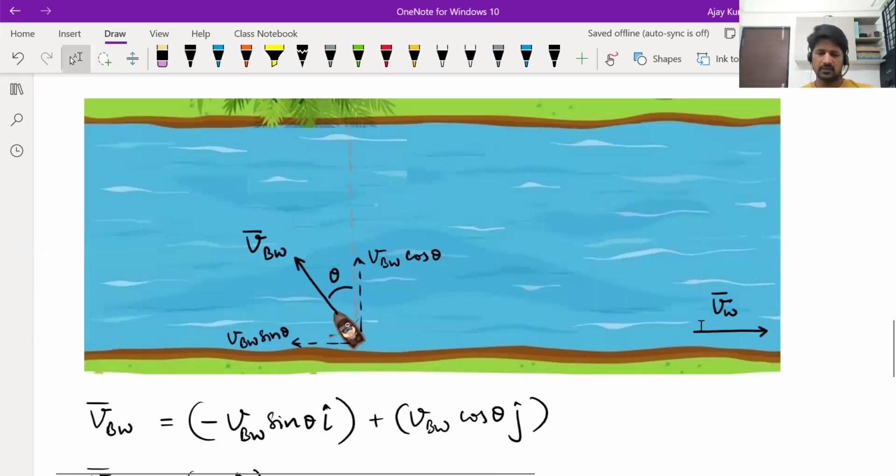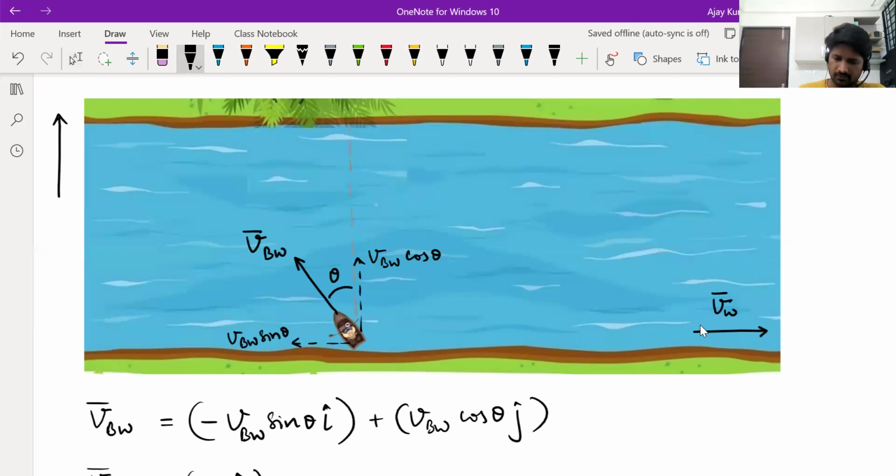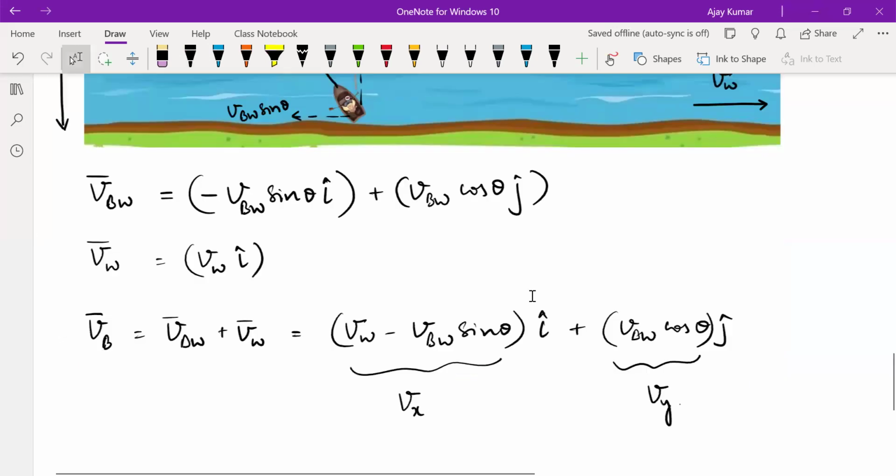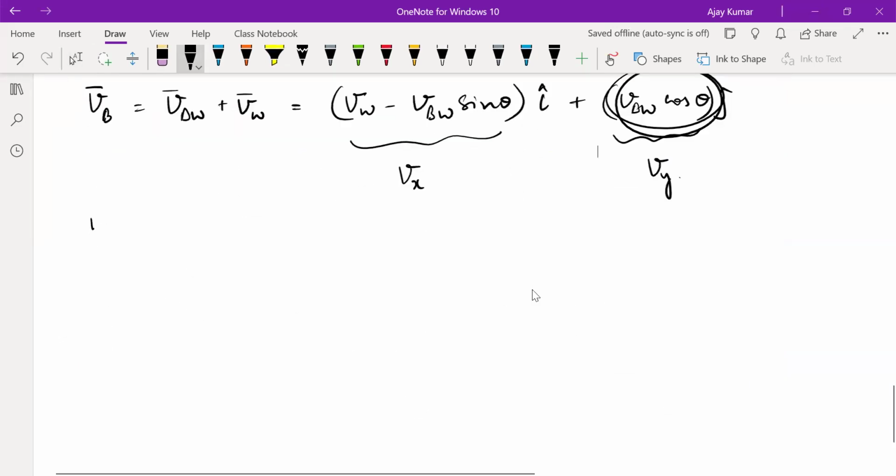Now see, suppose the river has some width. Let's call the width W. Width W is given to you, and we know that the Y component of velocity is this much. Then generally, how will you write the expression for time taken to cross the river? Anyone?